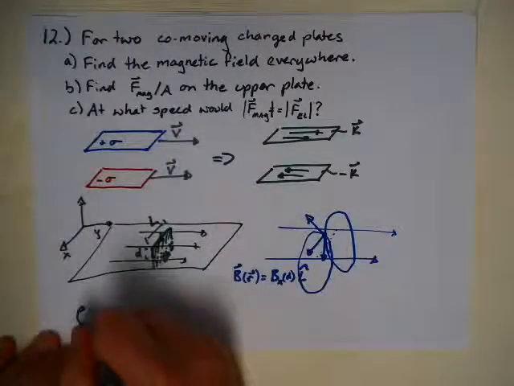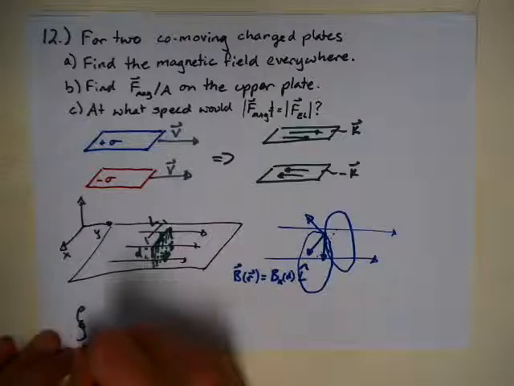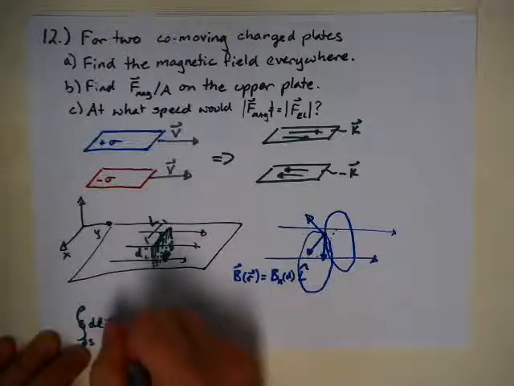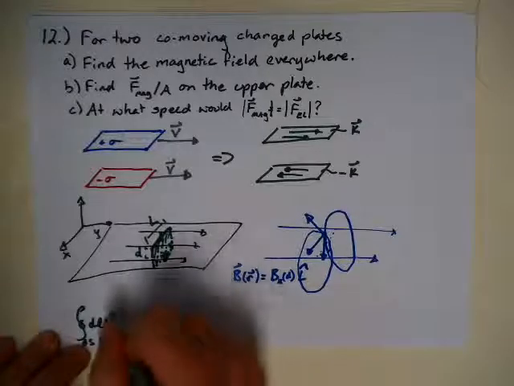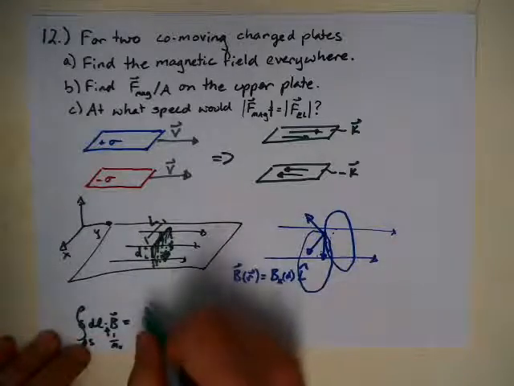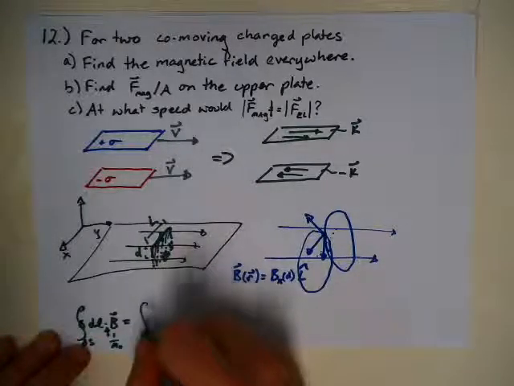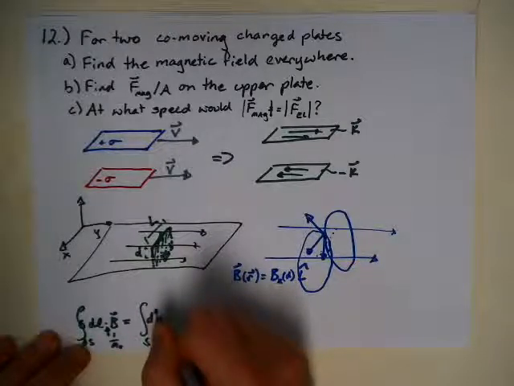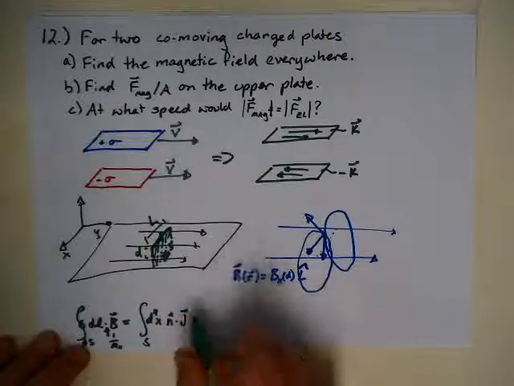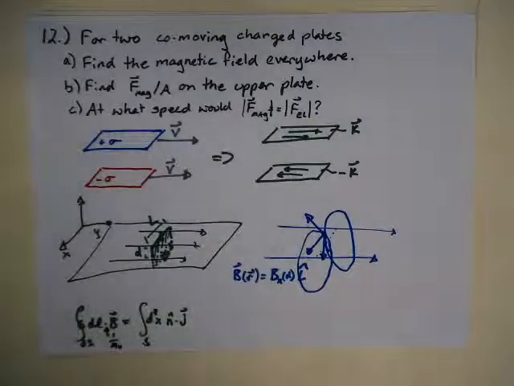It is that the integral around the edge of that surface, dl dot B, is equal to mu naught times the surface integral dS of n hat dot j, which is just the current enclosed.